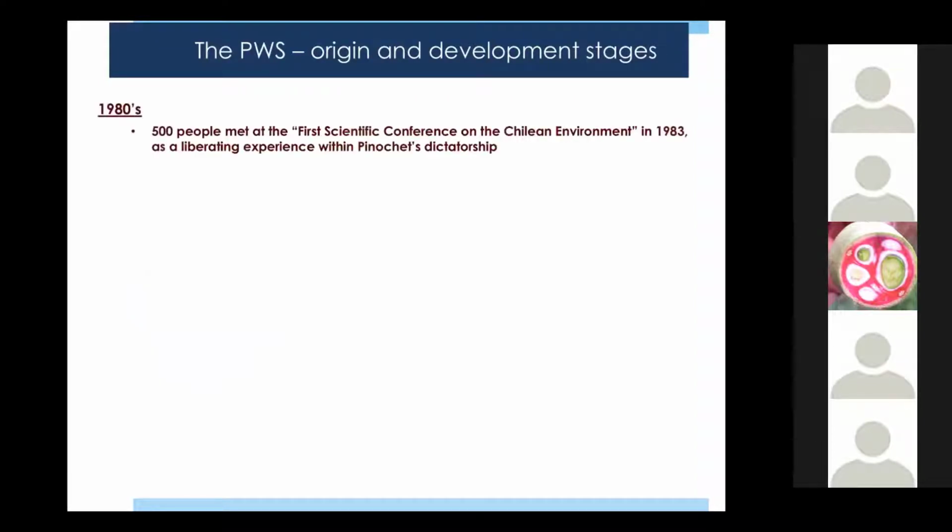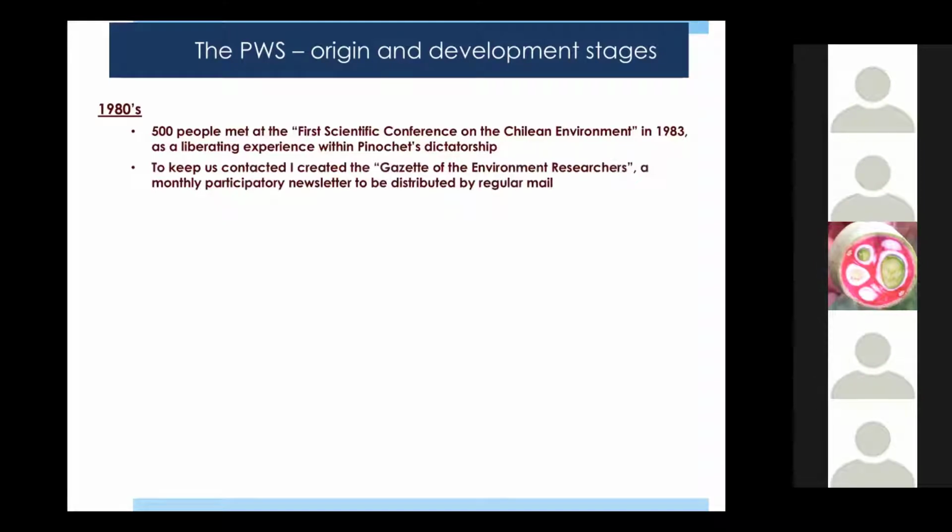Origin and development stages. In the 1980s, 500 people met at the first scientific conference on the Chilean environment in 1983. This was a liberating experience within Pinochet's dictatorship. To keep us in contact, I created the Gazette of the Environment Researchers, a monthly participatory newsletter distributed by regular mail.